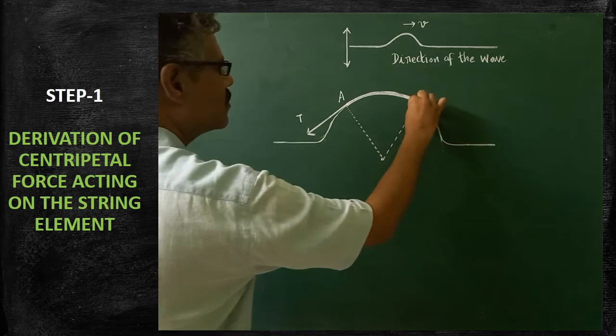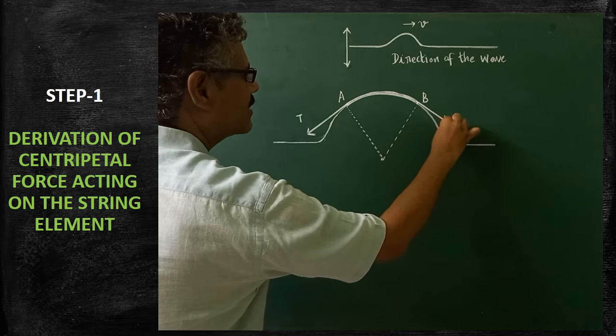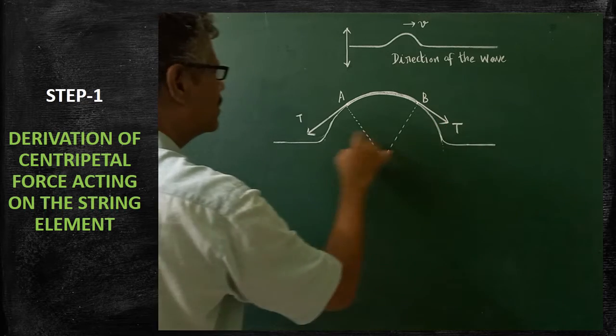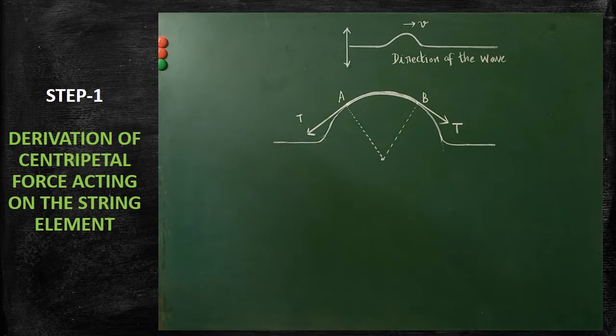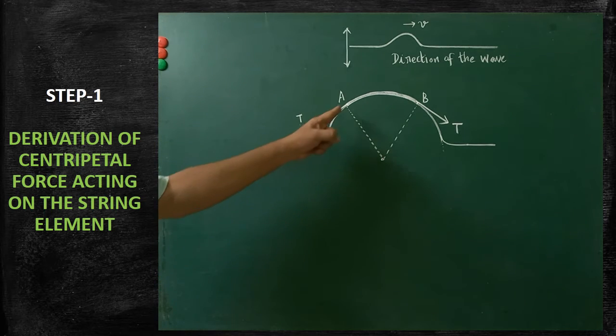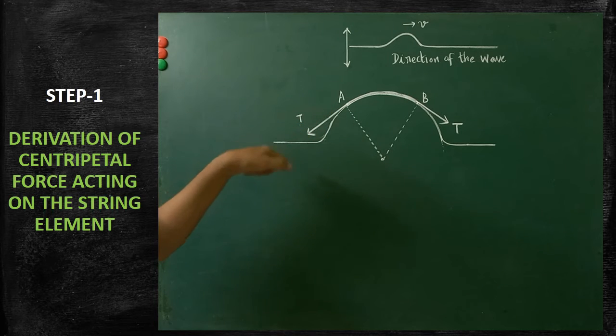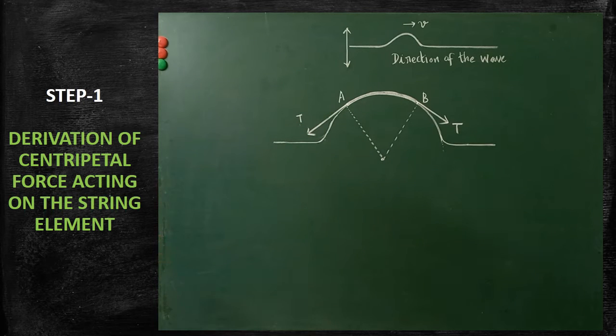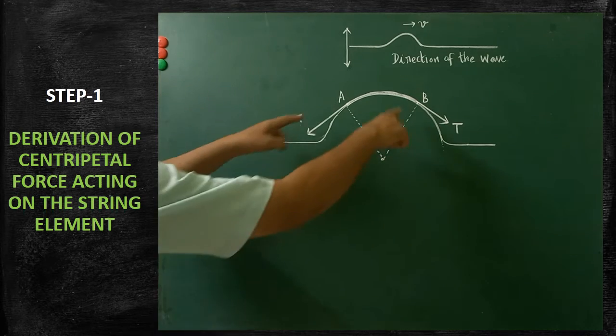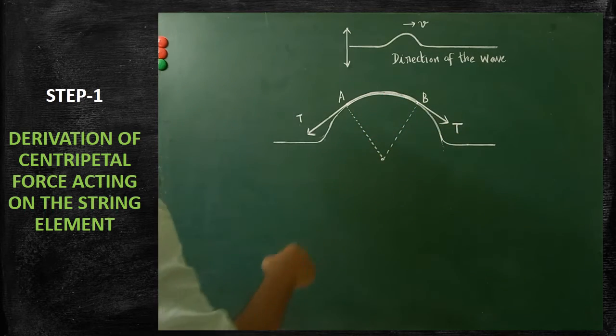On the other side also, the tension direction must be drawn. The T shows the direction of the tension. What is tension? Force per unit length is called tension. That force is acting in each part of the length of the wire, and that is called tension. Without tension, the wave cannot be produced. Vibration is not possible. So on either side, the direction of the tension is mentioned.